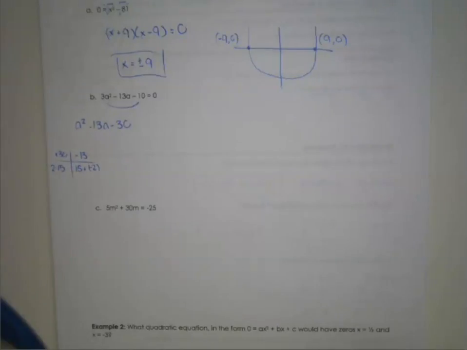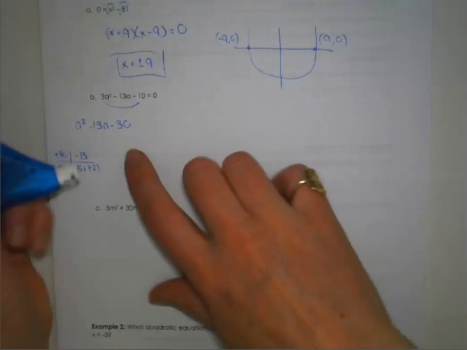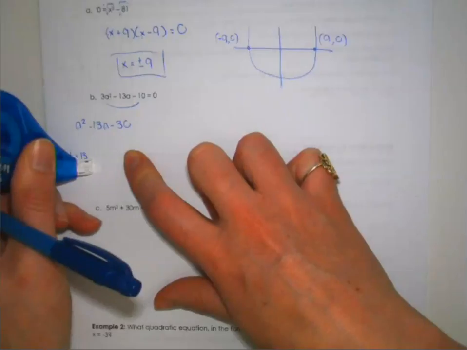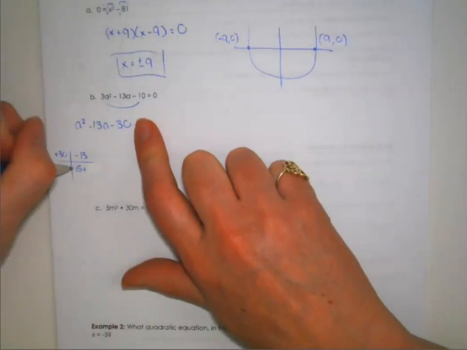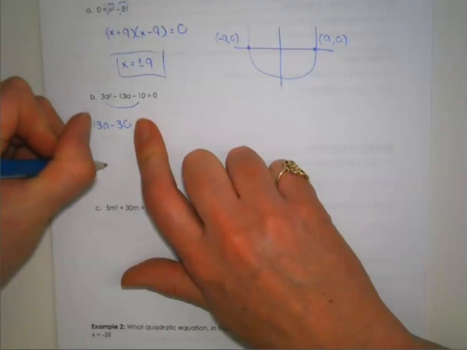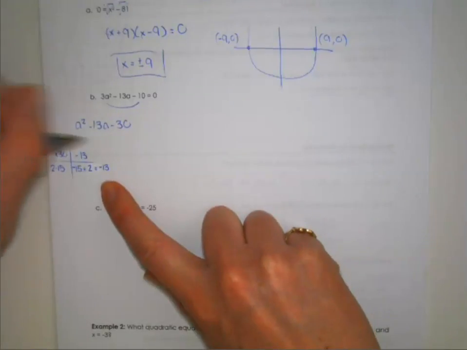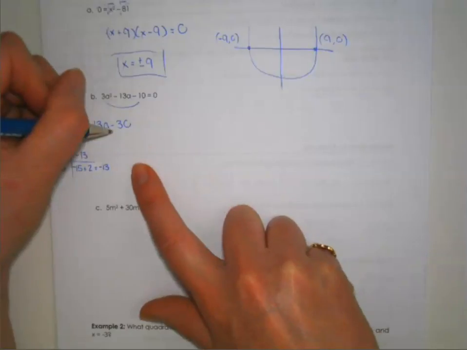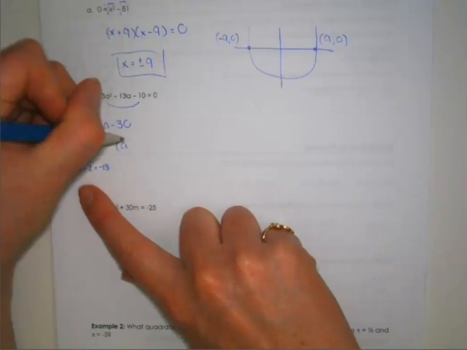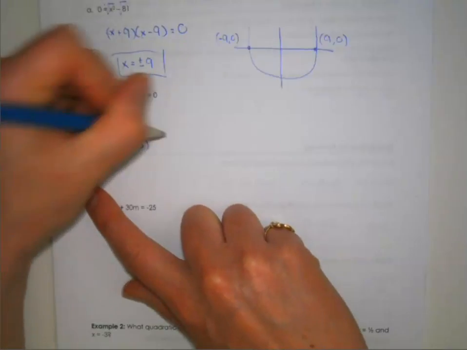Sorry about that, guys. So it's going to be -15 plus 2, which gives us -13. So we actually have our values right away, which doesn't always happen that nicely. So that means our values are going to be a minus 15 and a plus 2.